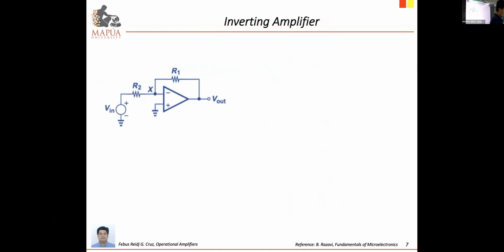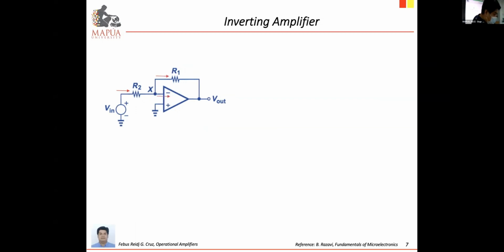Then another basic circuit, you have the inverting amplifier. Look at the schematic diagram. The input voltage this time will be connected at the negative, while the non-inverting will be connected to ground. So to analyze, from the input voltage, we have the input current passing through R2.